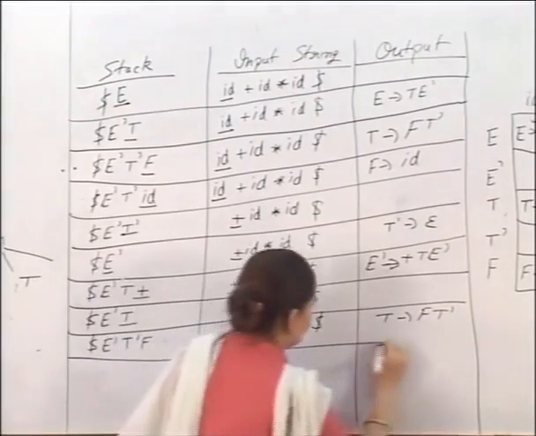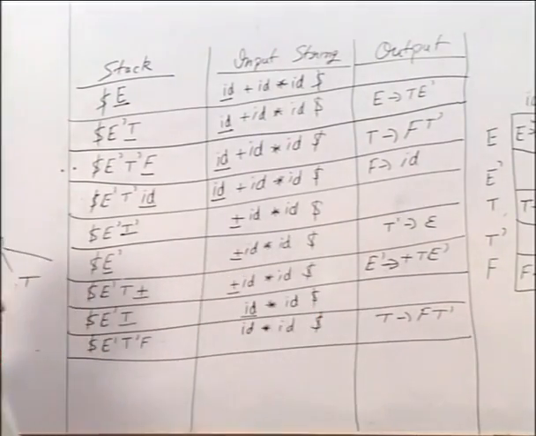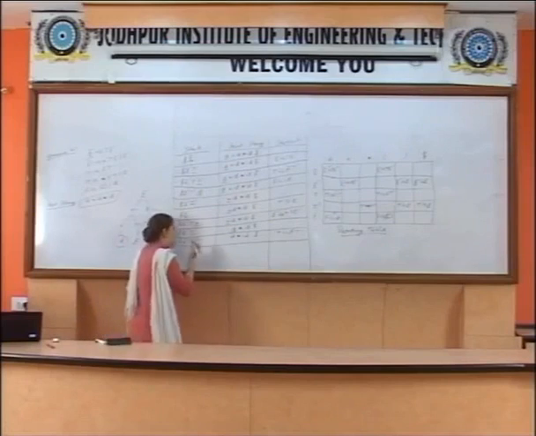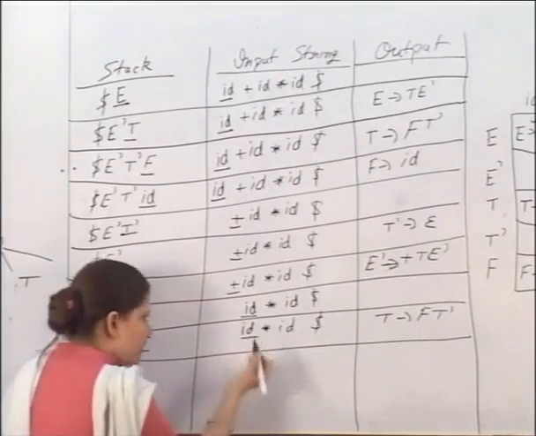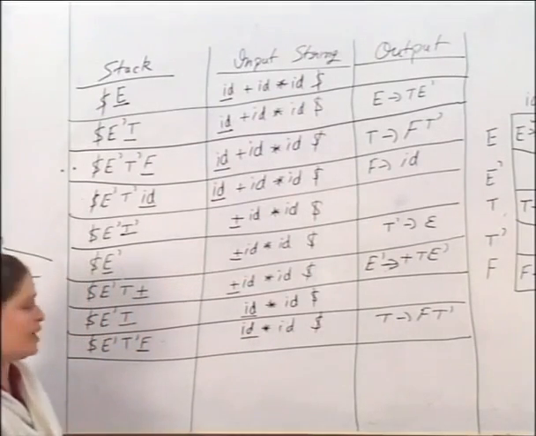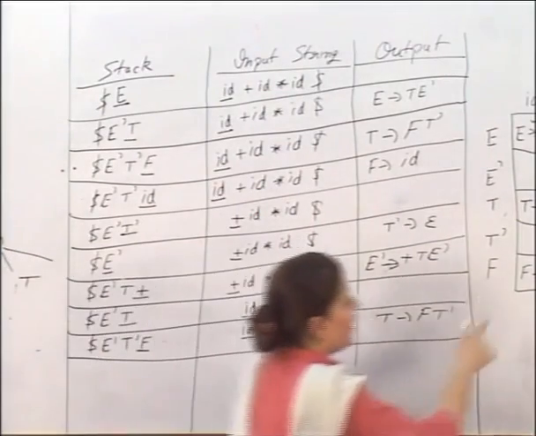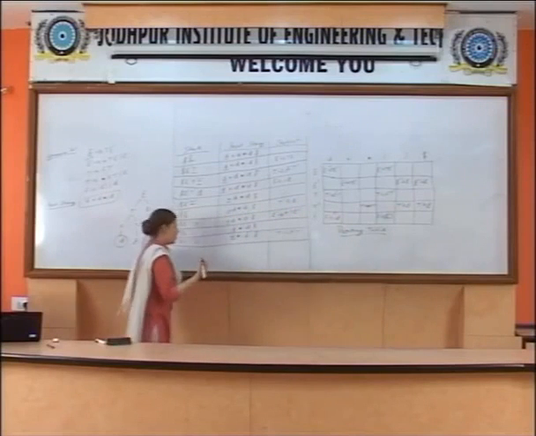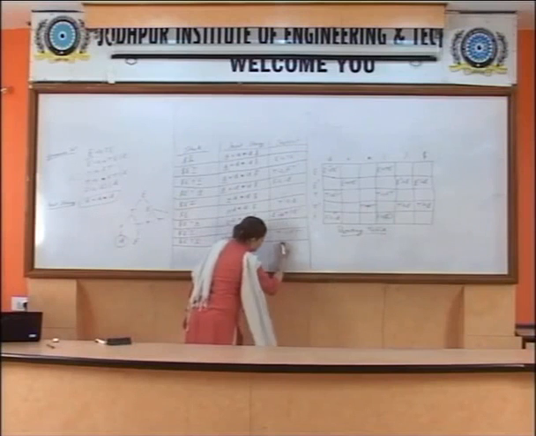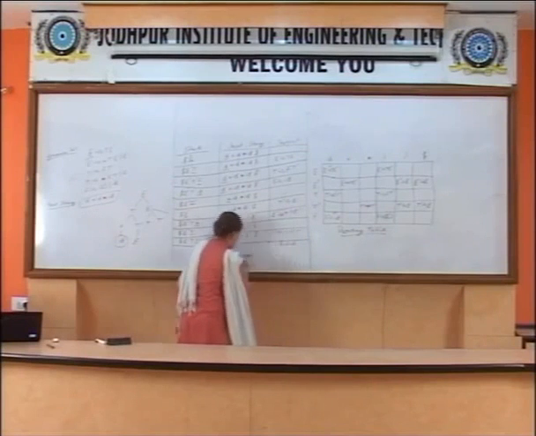Now again the value at the top of the stack is a non-terminal symbol, and we search for the current input symbol. Capital F and ID, we have a production F to ID. That means F to ID.